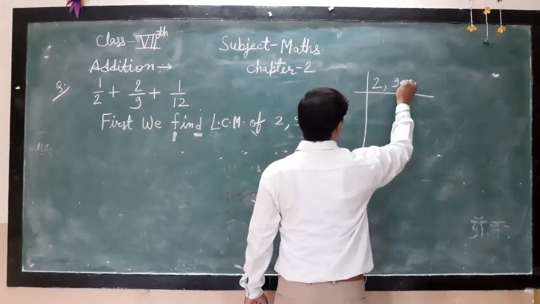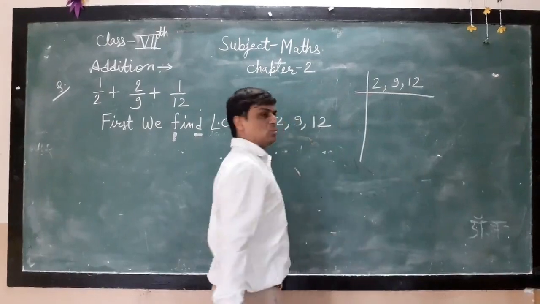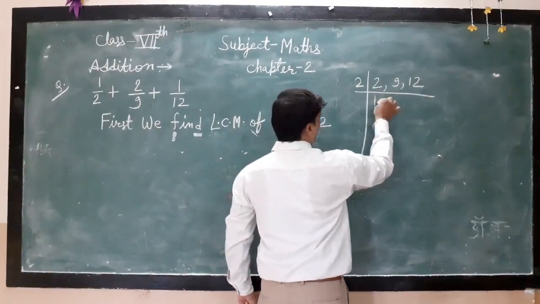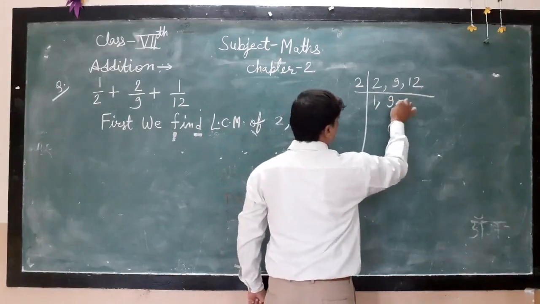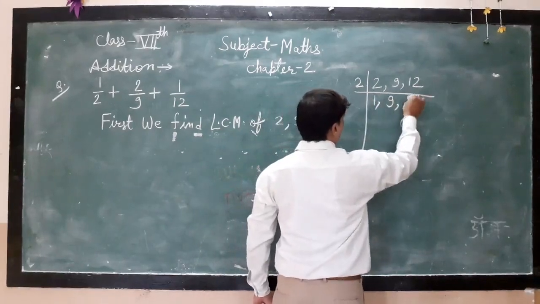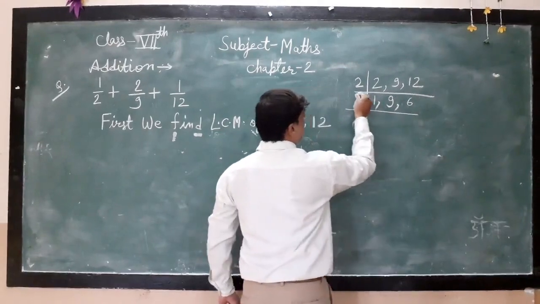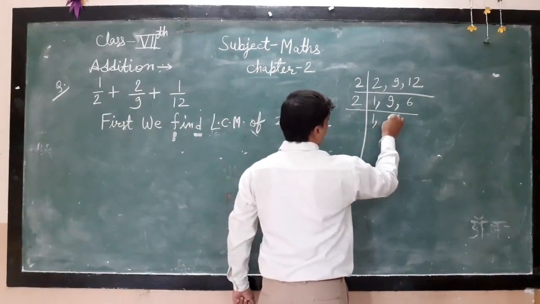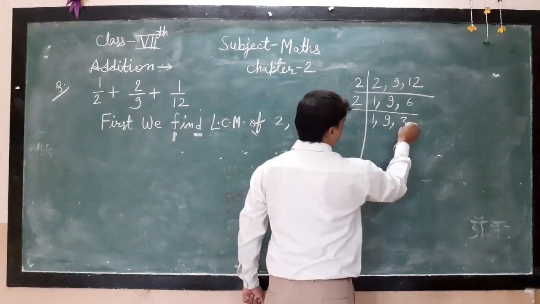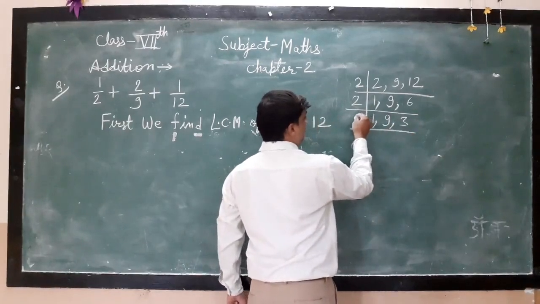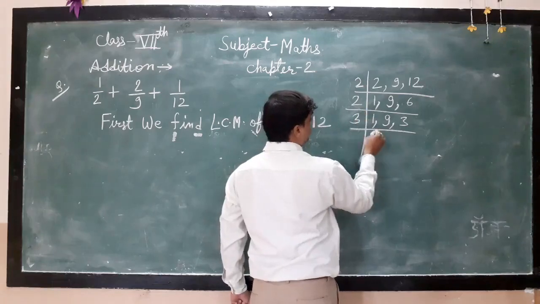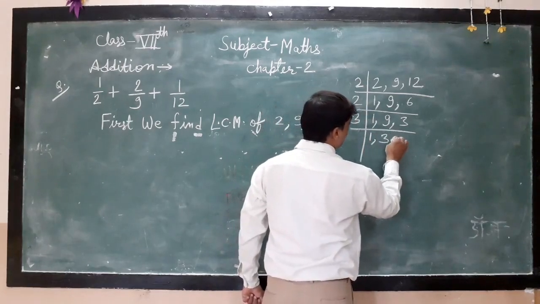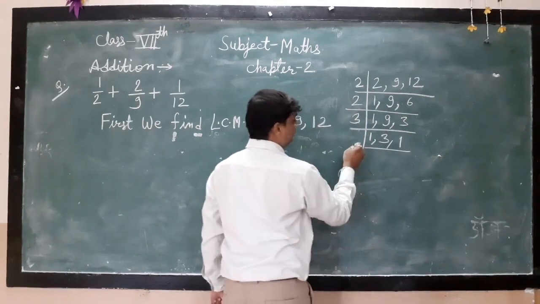Now the LCM: 2, 9, 12. The smallest number is 2. 2 ones are 2, 9 as it is, 2 sixes are 12. Again 2, 1, 9, 2 threes are 6. Now 3, 1, 3. 3 threes are 9, 3 ones are 3.